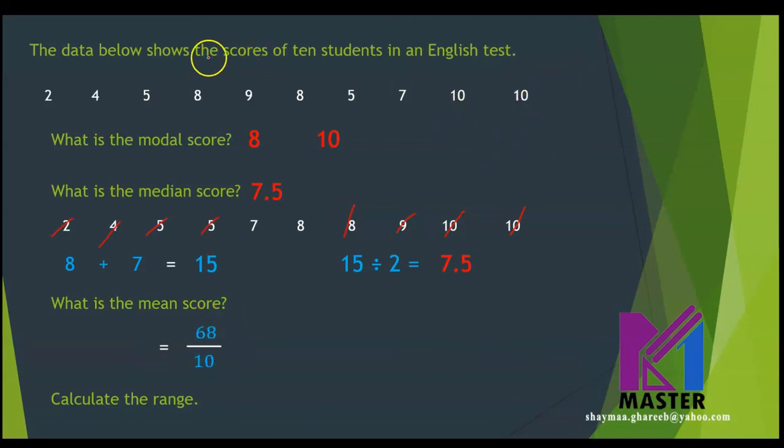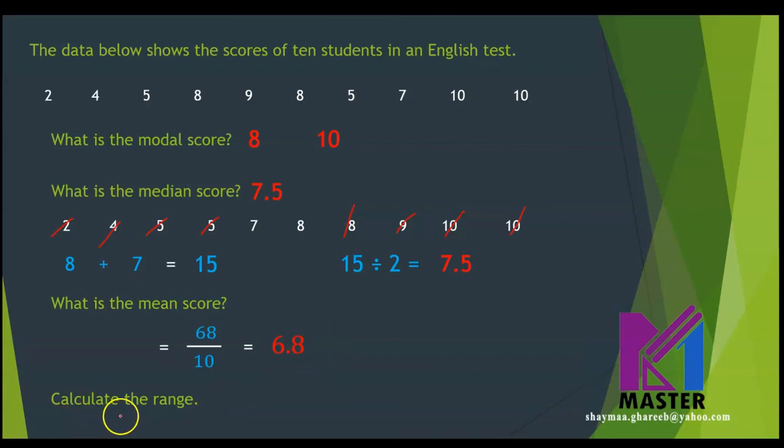So the sum of all these values is 68. Then I will divide by the number of values. How many numbers are there? There are 10 numbers. So I will divide the 68 by 10. So the answer will be 6.8. So the mean score will be 6.8.